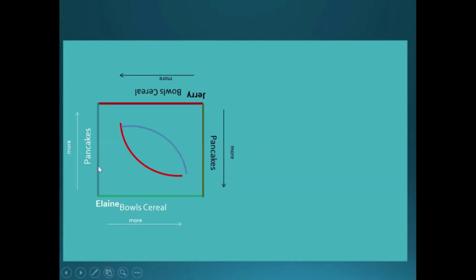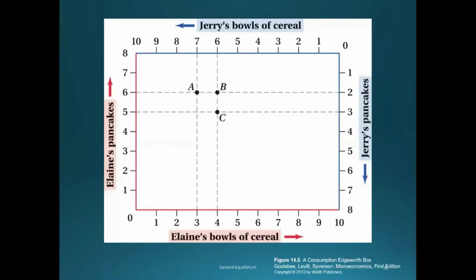Now we have a combined graph, where if you choose a point that's further vertically up along this graph, it implies more pancakes for Elaine and less pancakes for Jerry. Likewise, as you move horizontally right along this graph, it involves more bowls of cereal for Elaine and less for Jerry. Let's look at a particular example here.